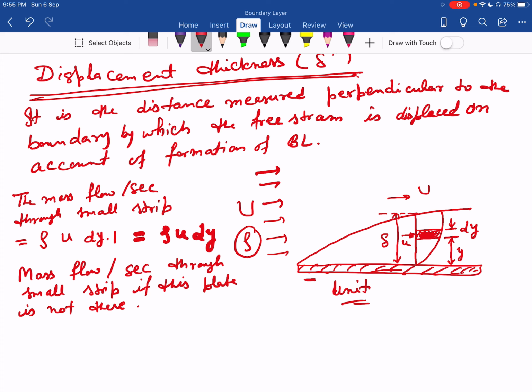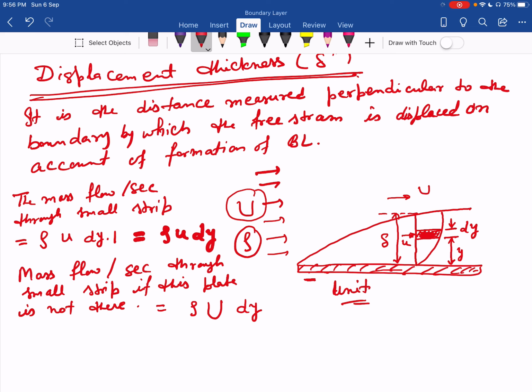The velocity of the stream is the same as capital U. If you consider the same strip, the flow velocity is U, so you can write this mass flow rate as rho into U into dy. So if there is no plate, the mass flow rate is rho U dy.